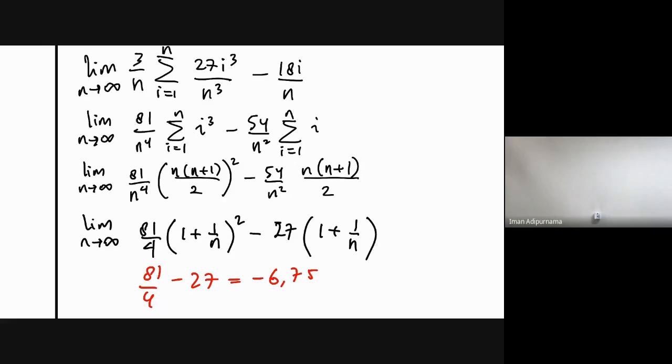Although this is true for every integrable function, every function that can be integrated, you can do it this way. But sometimes it's very long and really hard. But at least this shows you that we can use it to calculate the integration.